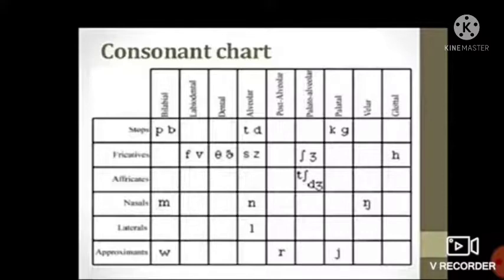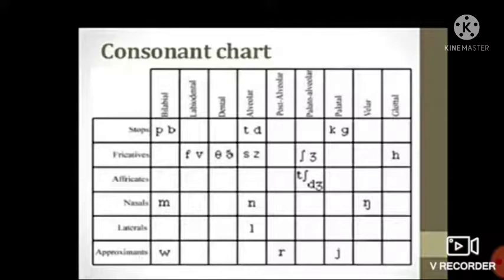Z is a voiced alveolar fricative. Sh is a voiceless palato-alveolar fricative. Zh is a voiced palato-alveolar fricative. Then h is a voiceless glottal fricative.